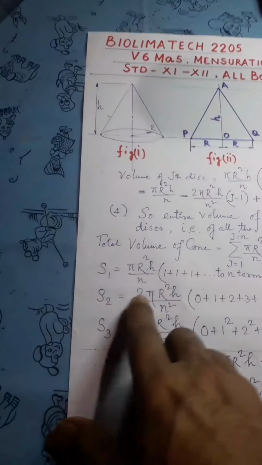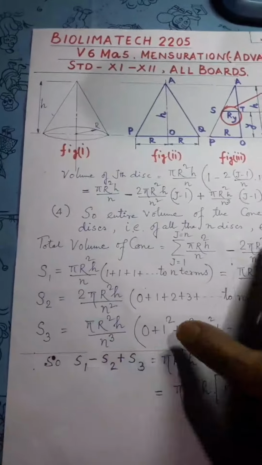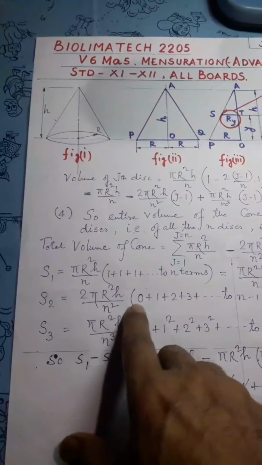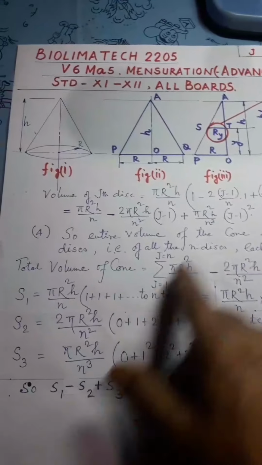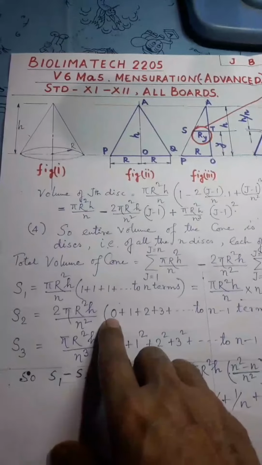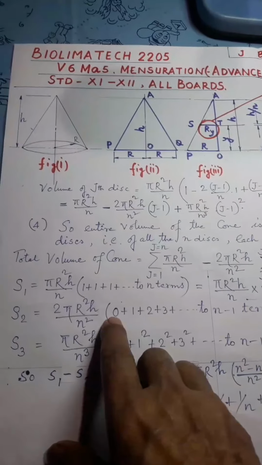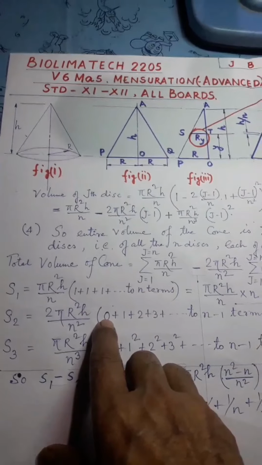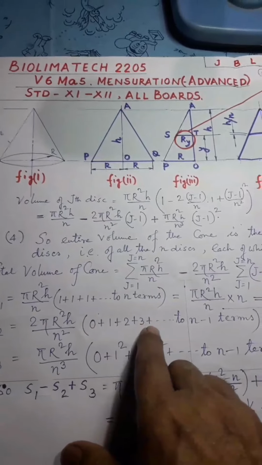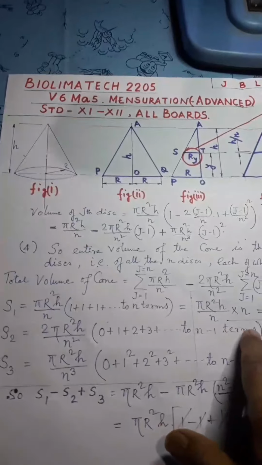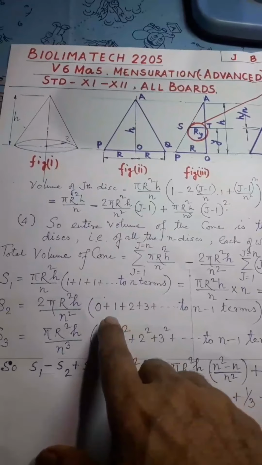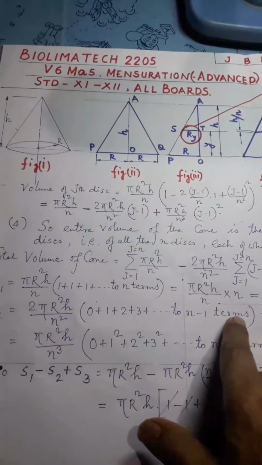Now coming to S2, it is 2 pi r square h upon n square into j minus 1. So when j equals 1, the first term becomes 1 minus 1, that is 0. So 0 plus 1 plus 2 plus 3. We see this is the summation of the first n minus 1 natural numbers.